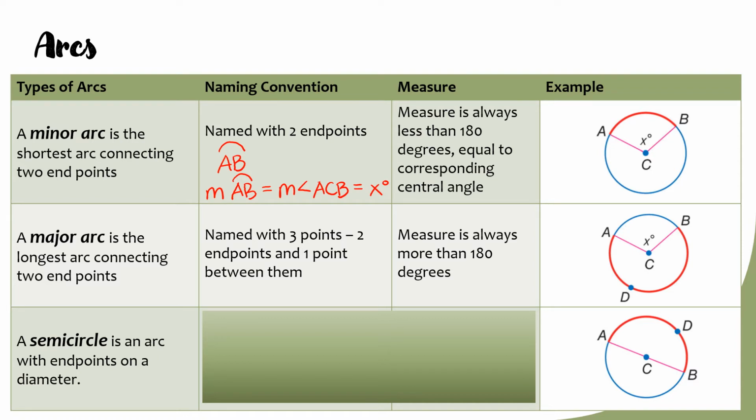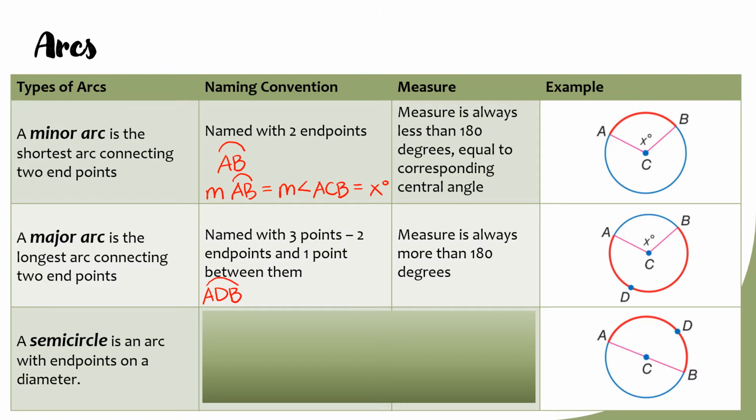But to be clear that we're going essentially the other direction around the circle, we're going to use another point on the circle between my endpoints to make sure I know this is the big one that we're talking about. So we would refer to this particular arc as arc ADB. And again, we're going to put our little arc symbol over those 3 letters.